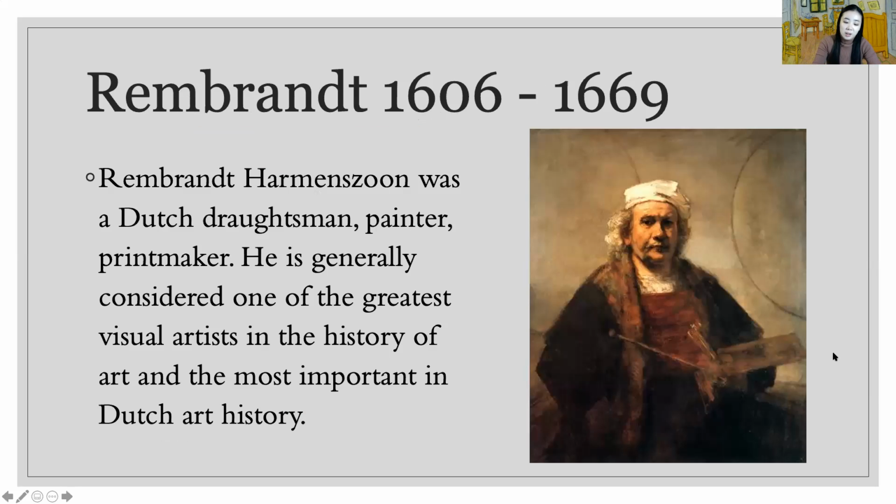And the next artist is Rembrandt. Rembrandt was a Dutch draftsman, painter, and printmaker, and he is generally considered one of the greatest visual artists in the history of art and the most important in Dutch art history.